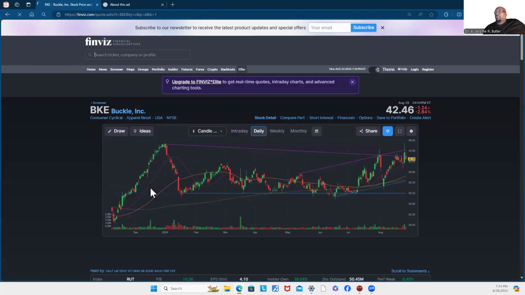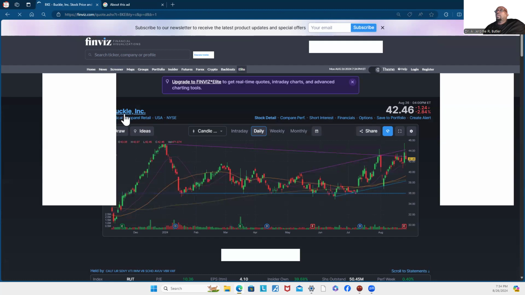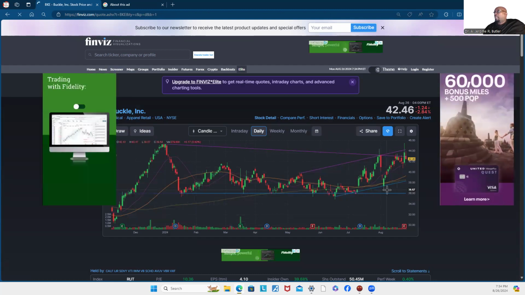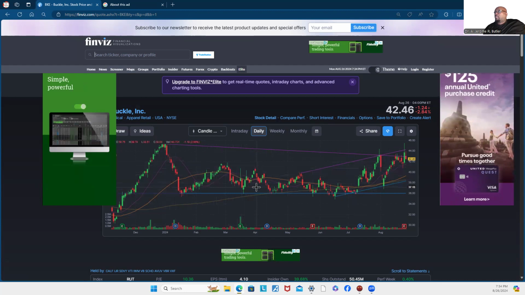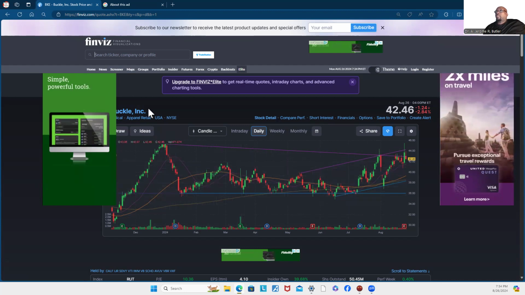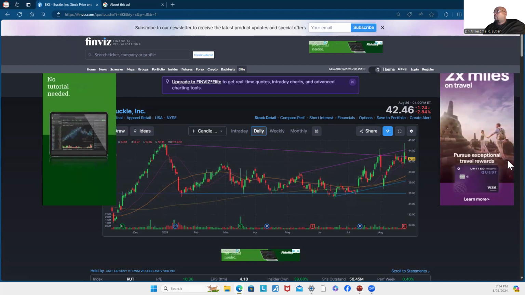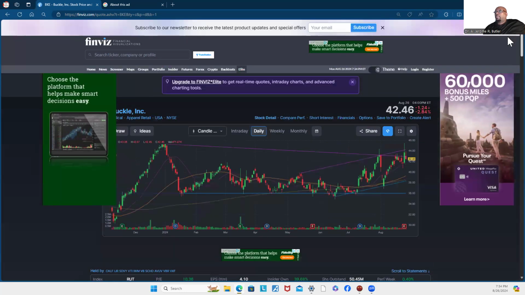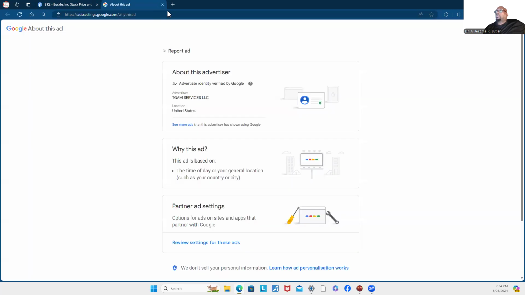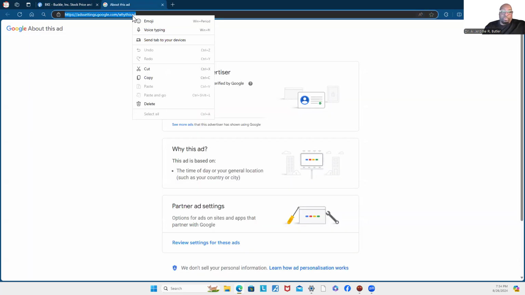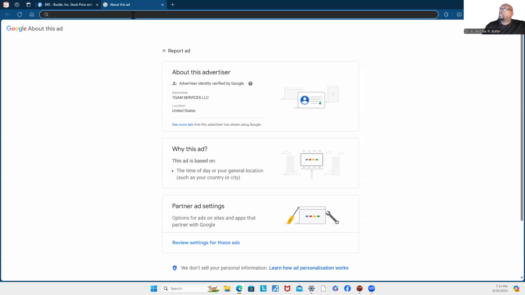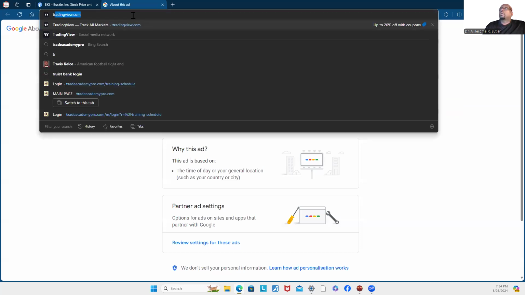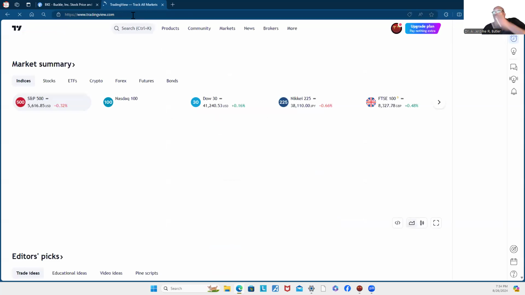Let's take a look at the first one here, Buckley Incorporated, and you can see a lot of consolidation. So we can have a clear picture, let's go to TradingView.